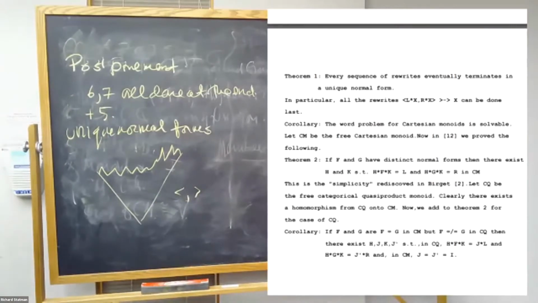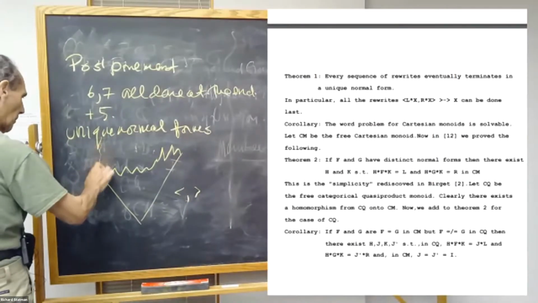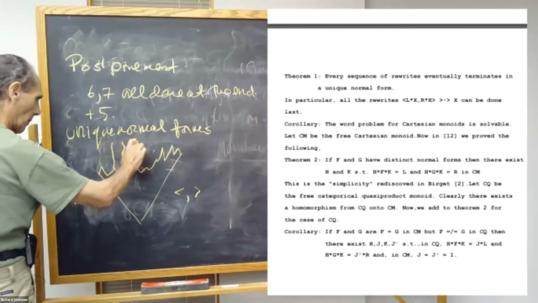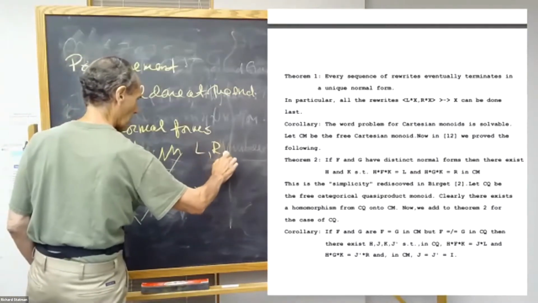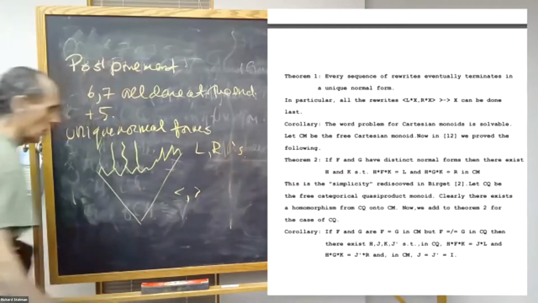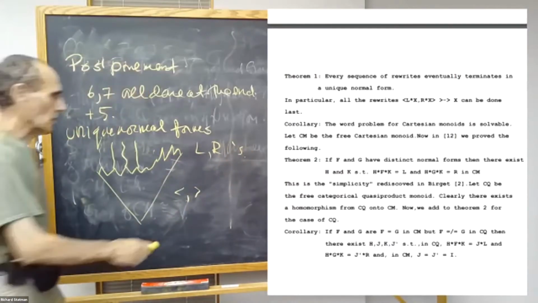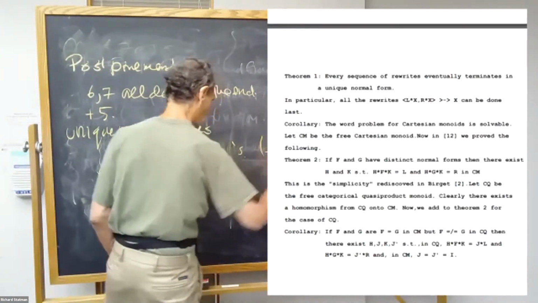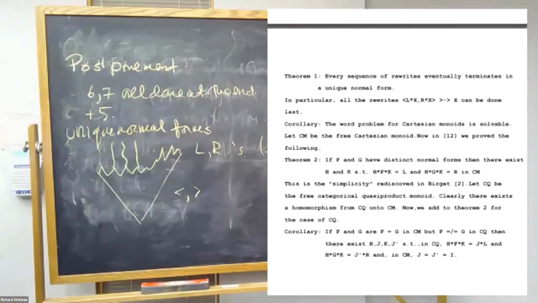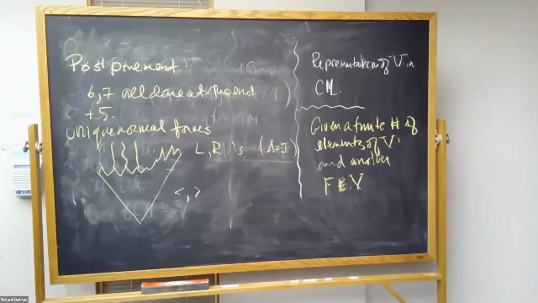And at each leaf is a string of L's and R's, lefts and rights, where the empty string is I. So this is the shape of normal forms.